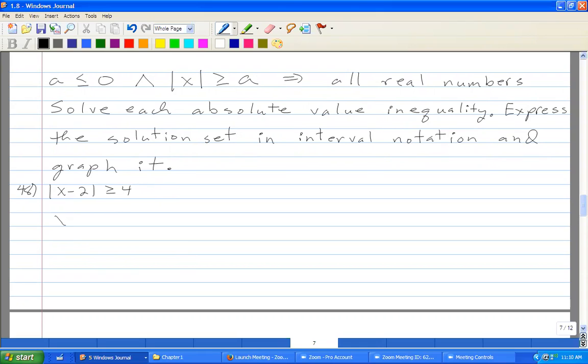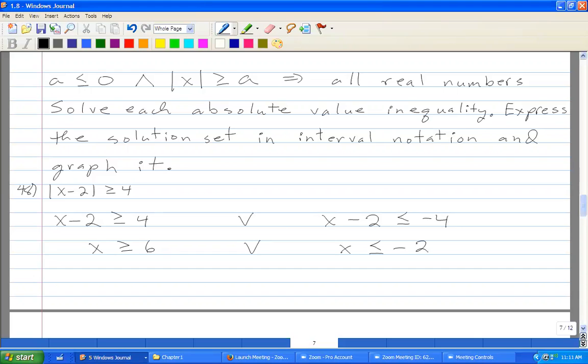So either I have x minus 2 is greater than or equal to 4, or I have that x minus 2 is less than or equal to -4, because I multiply both sides of my inequality by a -1. Add 2 to both sides of my inequality. So x is greater than or equal to 6, or x is less than or equal to, adding 2 to both sides, -2.